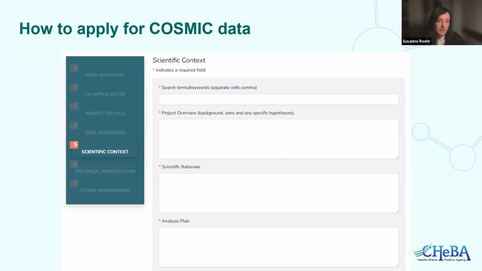Here you are asked to provide an overview, briefly touching on the background. This does not need to be super broad and explain how dementia is a global public health priority. That is kind of clear in the context of COSMIC, but you can jump right into what is specifically relevant for your project and outlining your specific aims and hypotheses, scientific rationale, and your analysis plan.